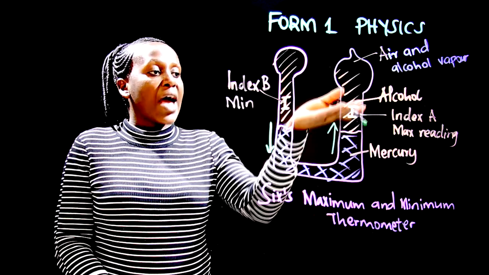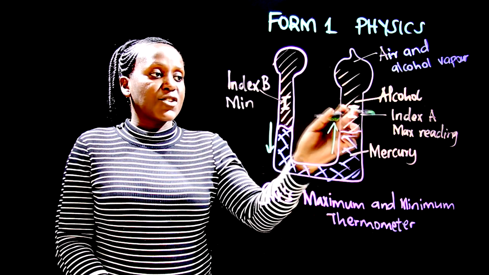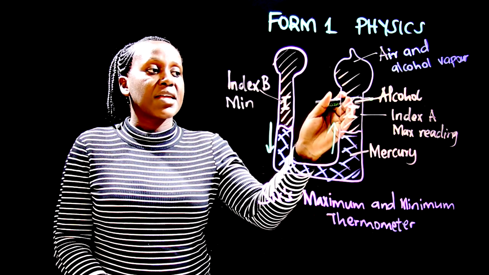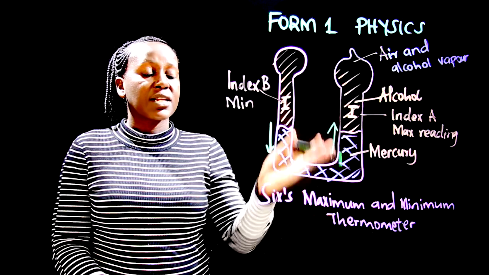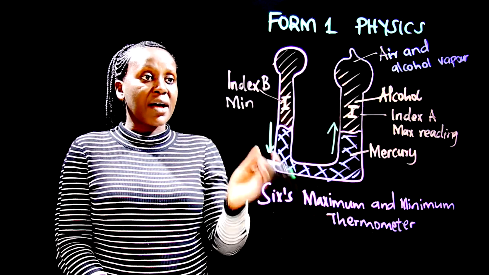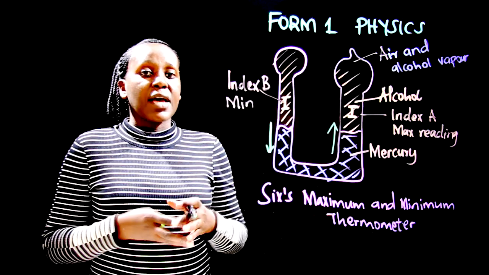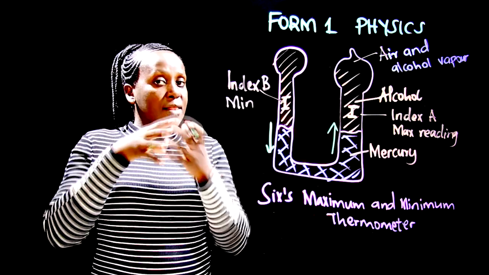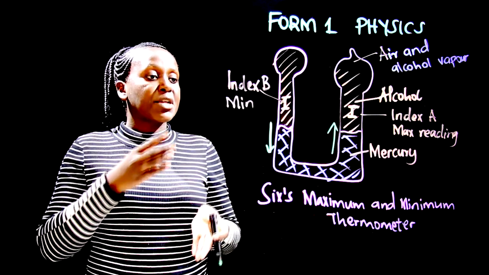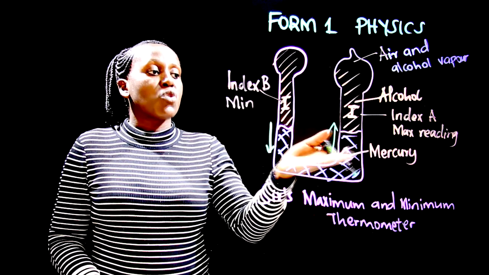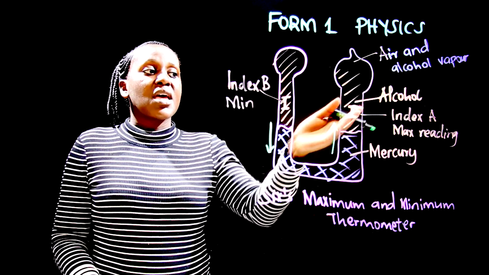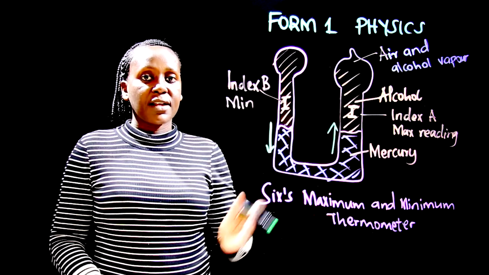When it goes higher, it pushes the index with it to the highest level possible, because remember, the alcohol will be expanding when there is a temperature rise. So when the highest temperature is reached, the mercury pushes the index with it to the highest level.